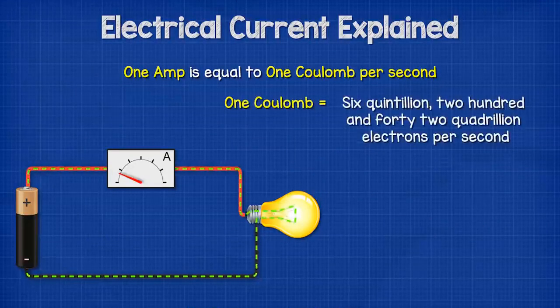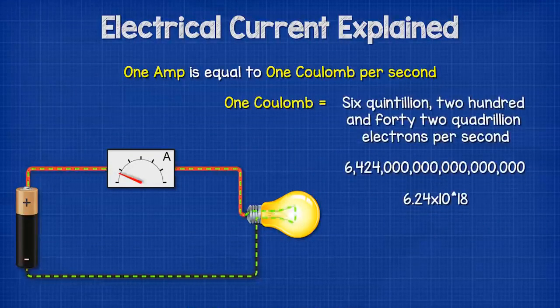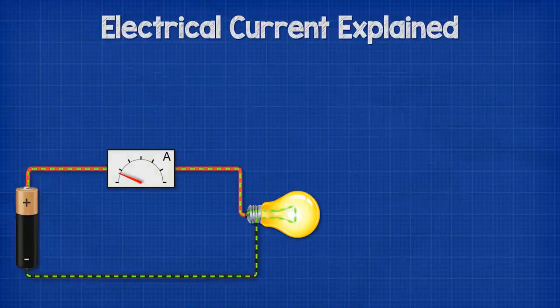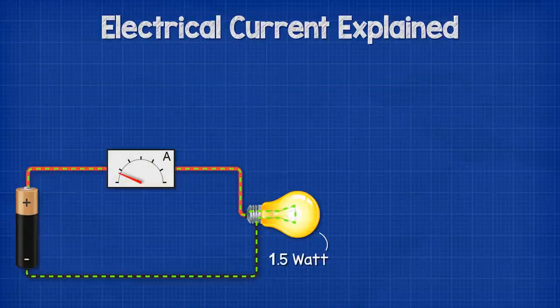And 1 coulomb is equal to approximately 6,242 quadrillion electrons per second. Okay, but what does that mean? Another way to look at this is that to power this 1.5 watt lamp with a 1.5 volt battery requires a current of 1 amp.